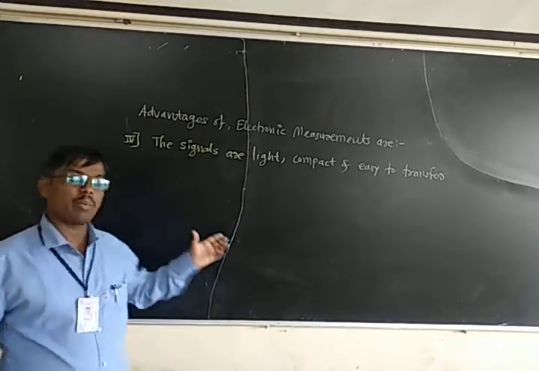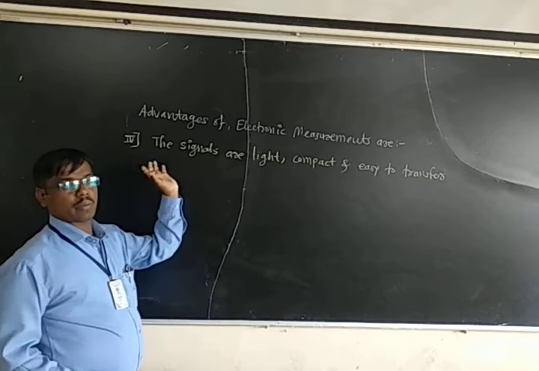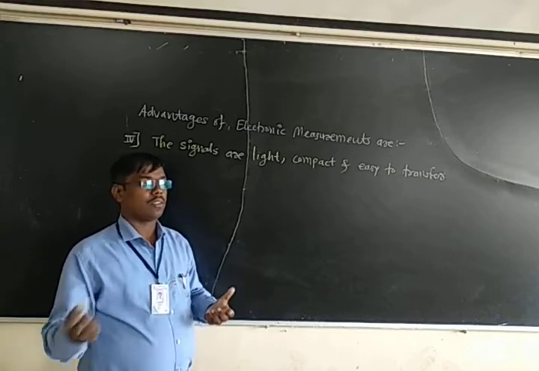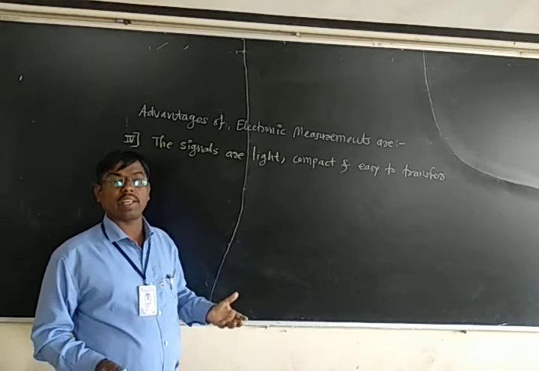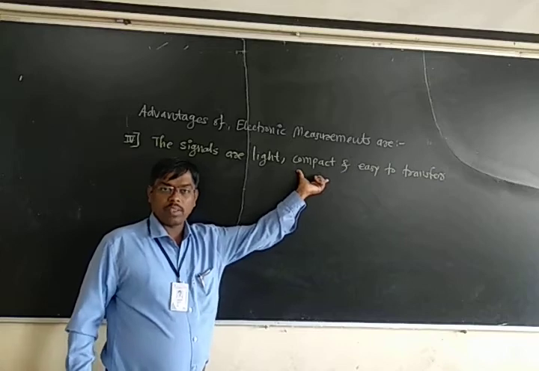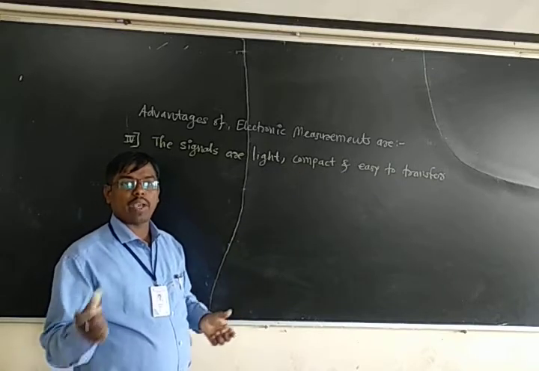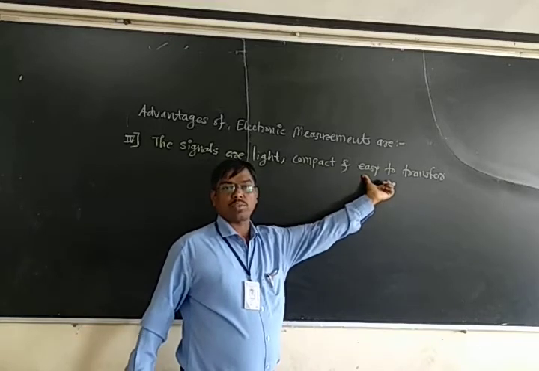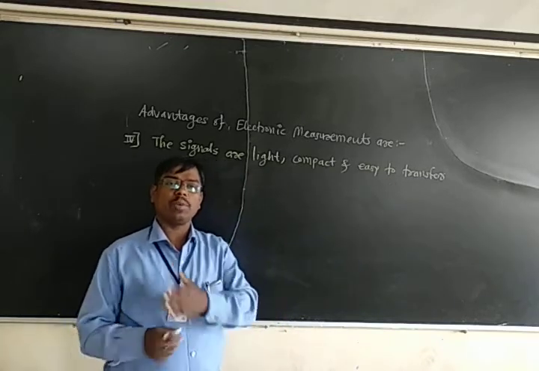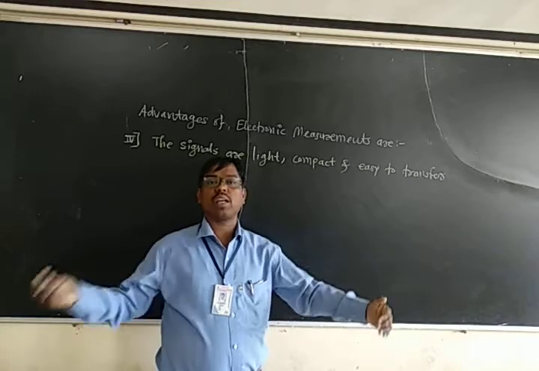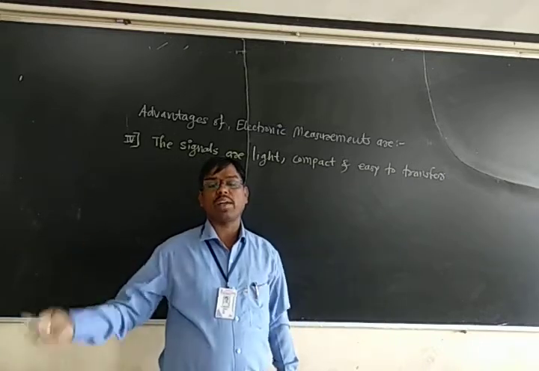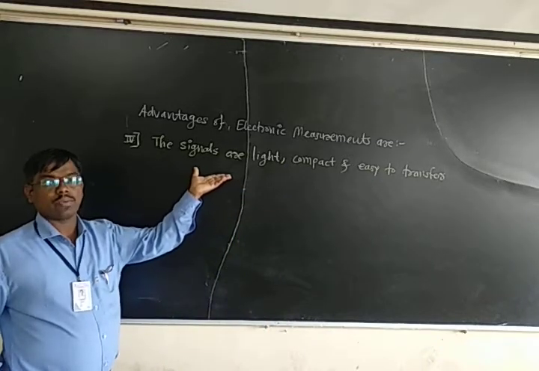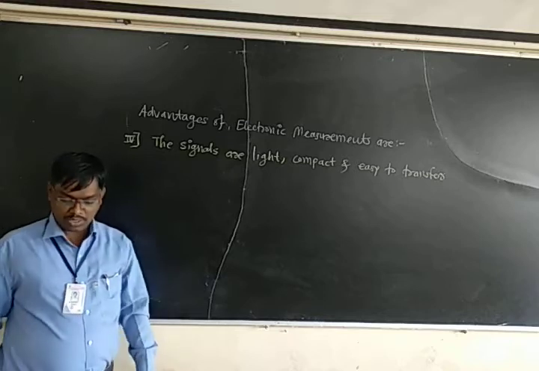The signals coming from electrical or electronic measurements are light. They should not be heavy, and should not have larger values of any quantity. Compact, the AC or DC parameter should have compactness in a particular type of measurement system, and easy to transfer. That quantity should be easily transferred from one point to another point, or from one location to another location. So this is the advantage of the signals generally used for electronic measurement systems.